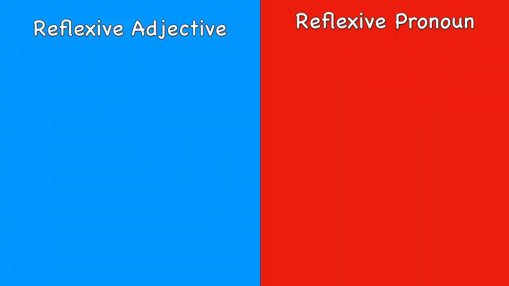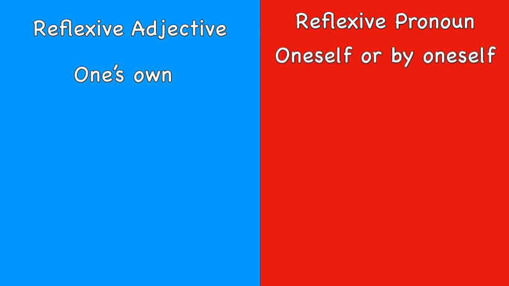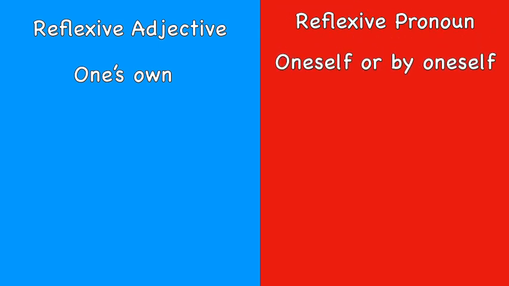All right. So to recap, here's the difference between reflexive adjectives and reflexive pronouns. Reflexive adjectives describe one's own. Reflexive pronouns are done by oneself or for oneself. Okay?